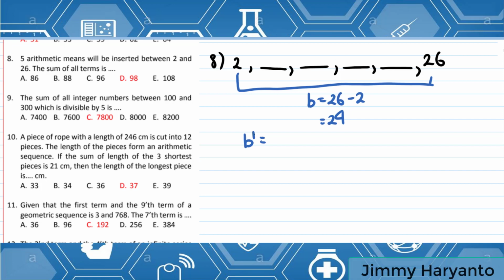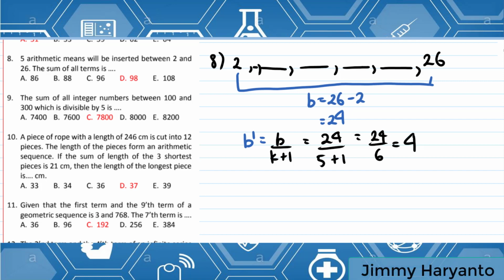B accent will be b over k plus 1, equals 24 over k plus 1. Oh sorry, 5 arithmetic means, so it will be 5 plus 1. 24 over 6 equals 4. B accent equals 4.